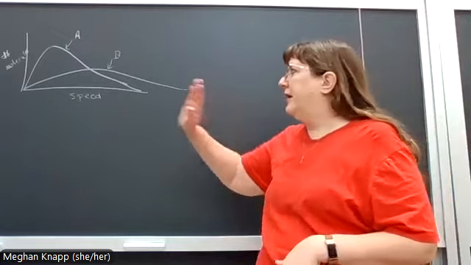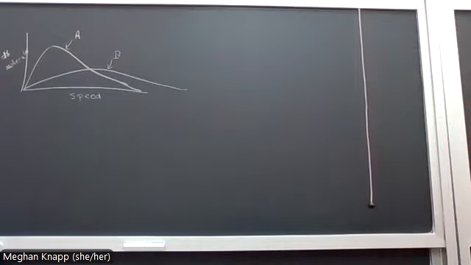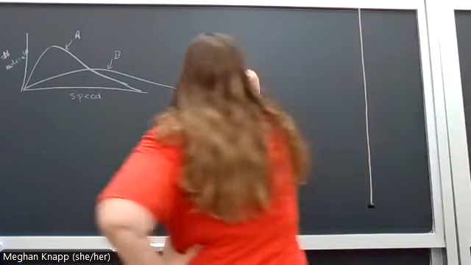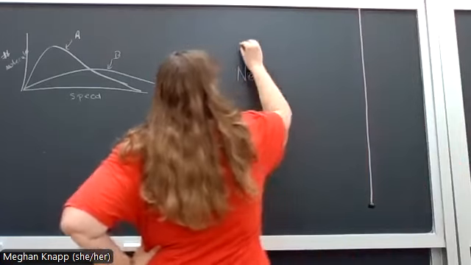And I have gas A and gas B. One of those gases is, let's say, methane, and one of those gases is neon. Which one is which? So neon is Ne. What's the formula for methane?